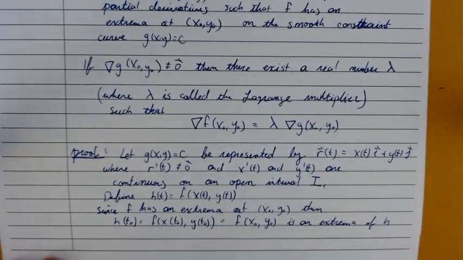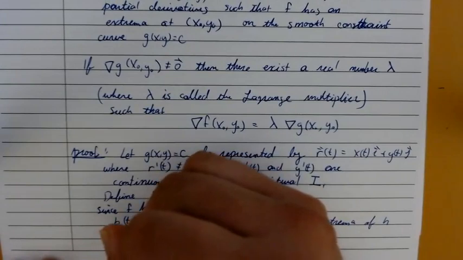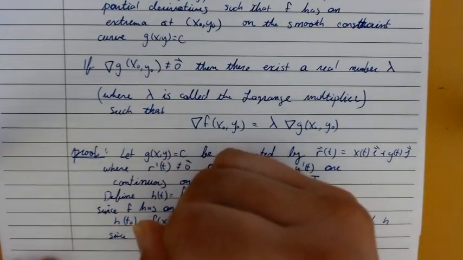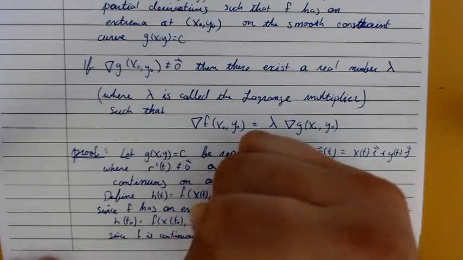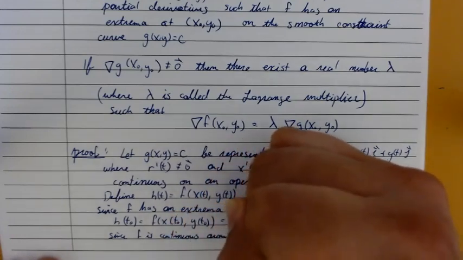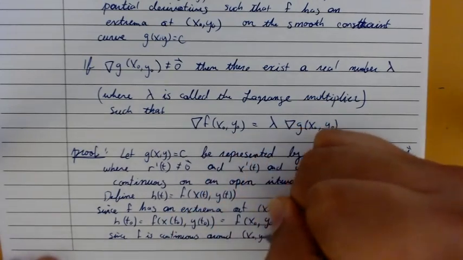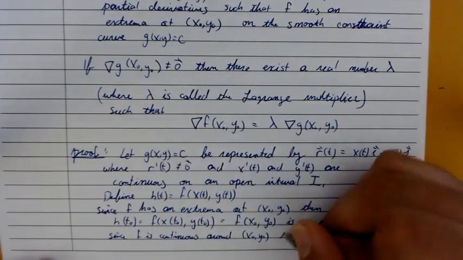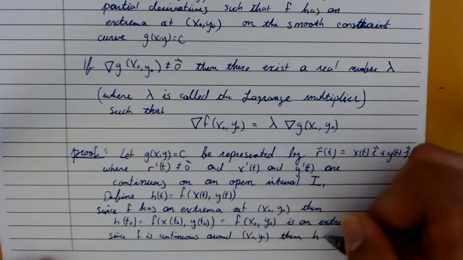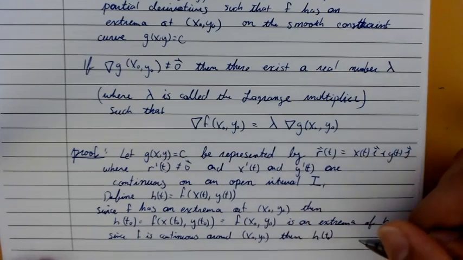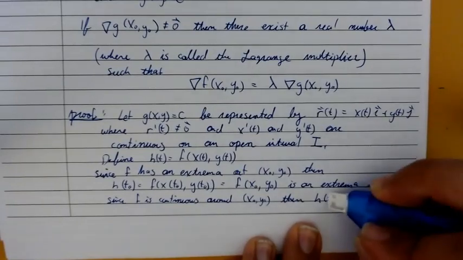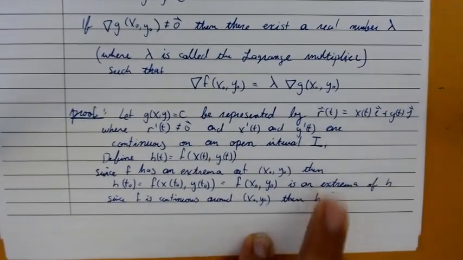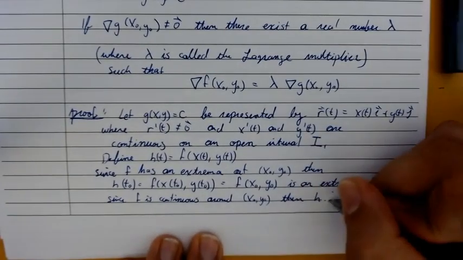So here, h prime of t must exist since f is continuous around the point x naught comma y naught, then h is also continuous around t naught.